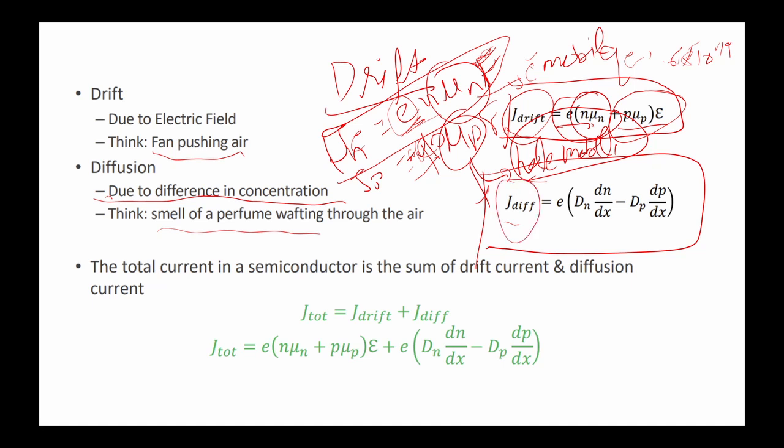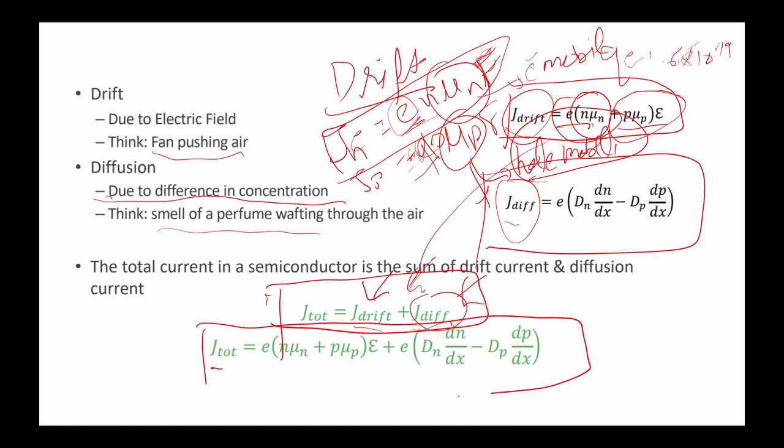So the total current inside a semiconductor is given by drift current plus diffusion current. We just substitute J drift and J diffusion, and you will get the total current inside a semiconductor.